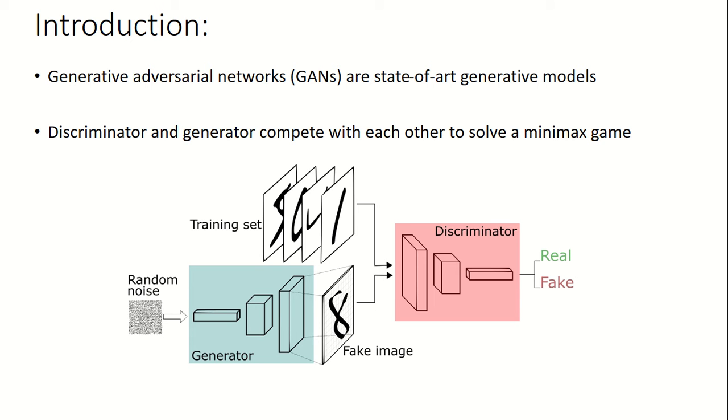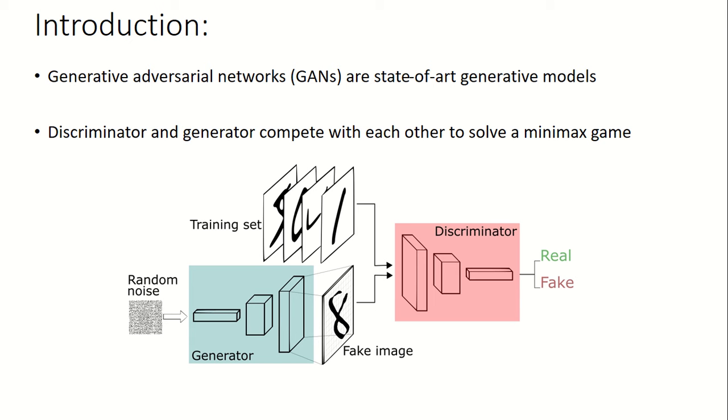The generator tries to create images such that it can fool the discriminator. So it tries to improve the quality of generated images. On the other hand, the discriminator attempts to understand and distinguish between real and fake images.